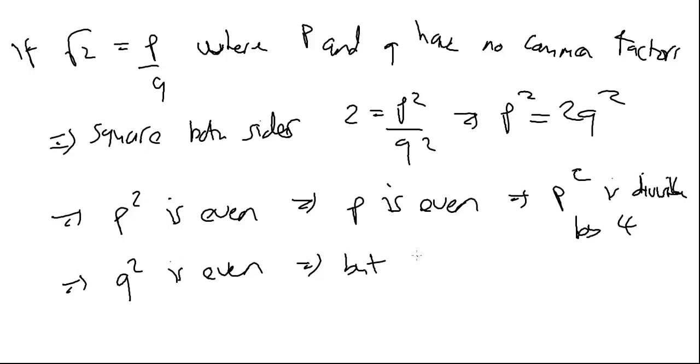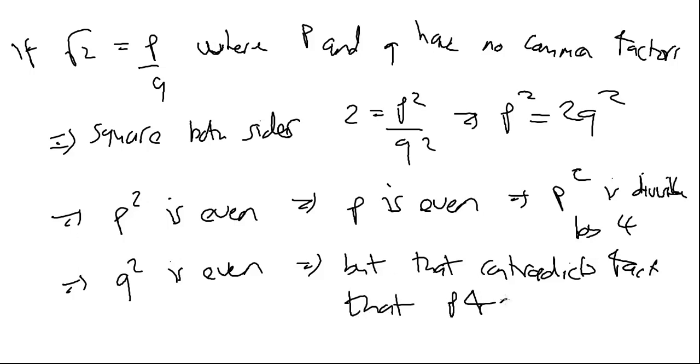But that contradicts the fact that p and q have no common factors, which we said at the start, because if q squared is even, then q is even, and so both p and q are even, so both would have a common factor of 2.